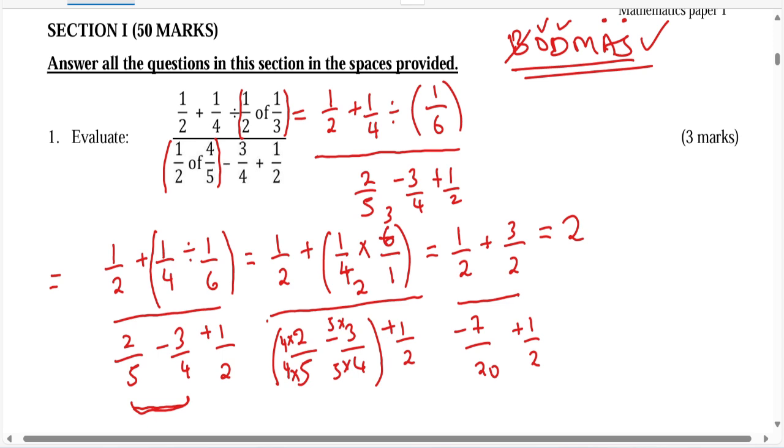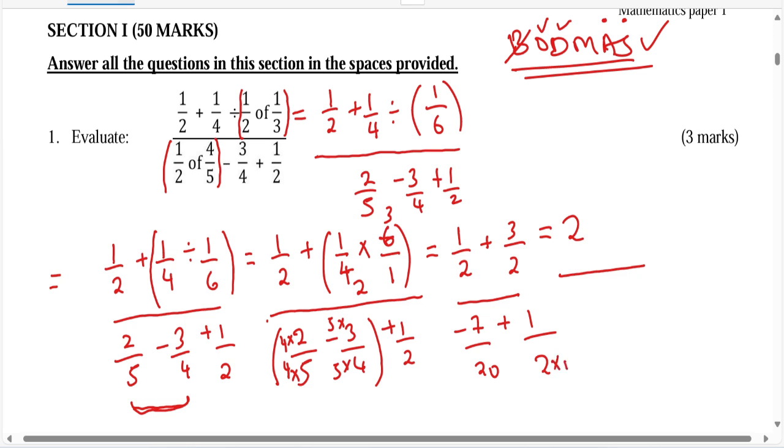Sawa. So minus 7 over 20 plus a half, right? I was just confirming kama ni right ama wrong. Mara zingine waweza kupata ni wrong hapa. Haya, so minus 7 over 20 plus 1 over 2. So the same thing utafanya kwa 1 over 2. Nitaifanya hiyo denominator 2 iwe na same denominator as negative 7 over 20.